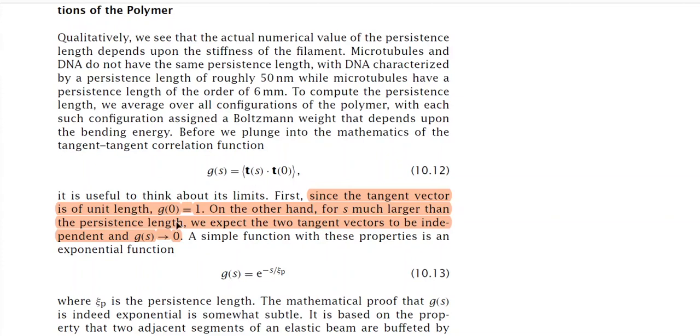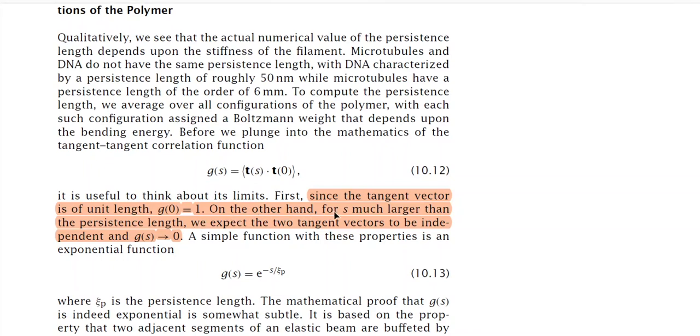It is useful to think about its limits, that is, what are the limits of GS. First, since the tangent vector is of unit length, G0 is equal to 1. If you set S equal to 0 here, then it will be T0 dot T0, which means that the value of G0 is equal to 1.